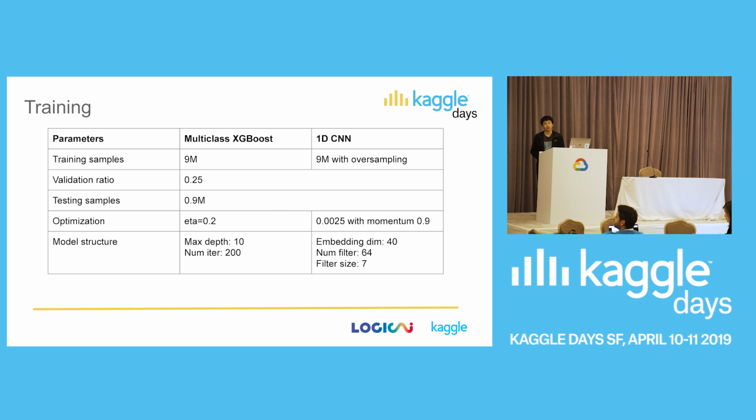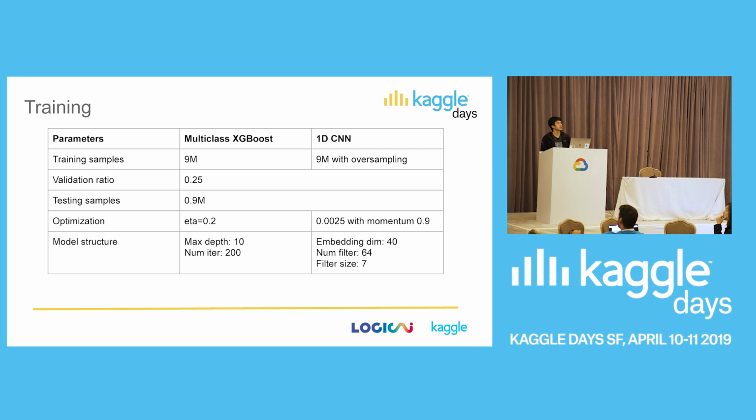The training is pretty straightforward: split 9 million used as training and validation samples. For the 1D CNN, I do a little bit more, which is oversampling. The tree model itself is pretty good because when you do one versus all, even when dealing with a minority class, it might still capture some signal.